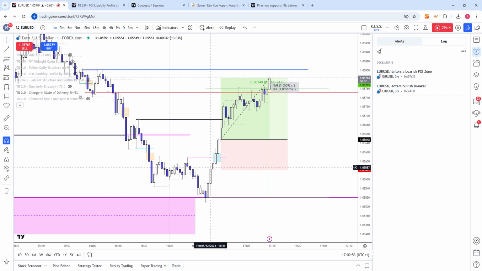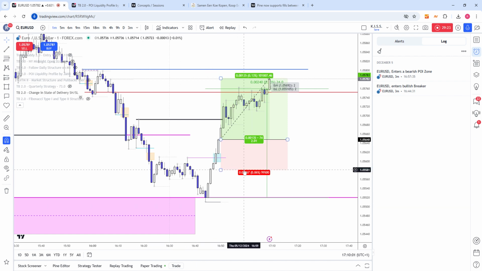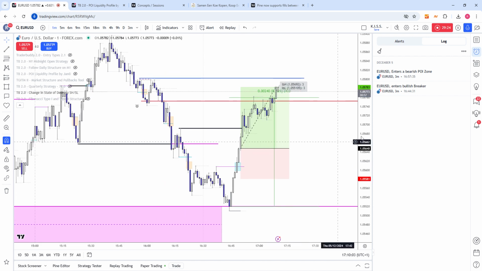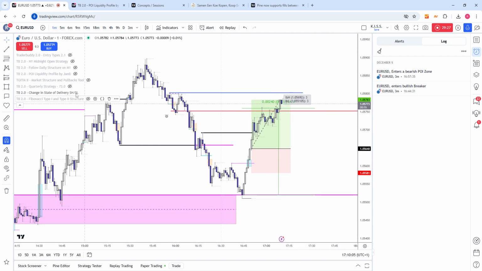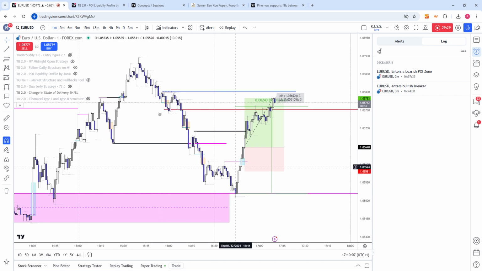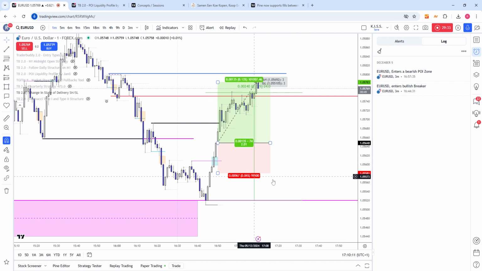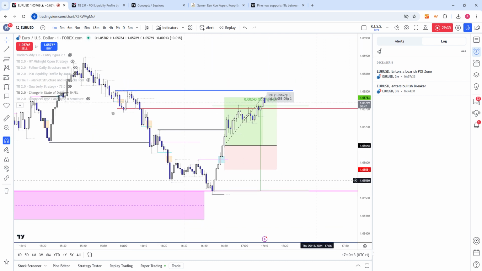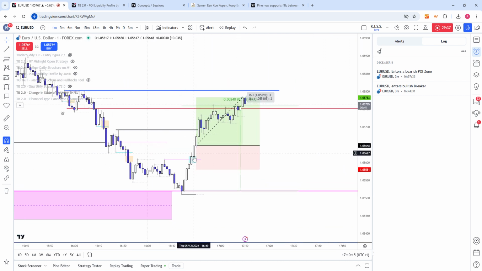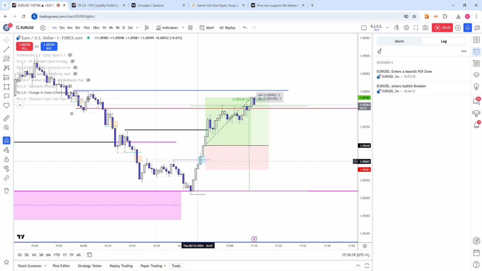Okay, this is what I said. You cannot mix everything if you do not know what you're doing. This is a totally different way of looking at structure. What I do here is, this is a change in state of delivery. And if I do that with a fair value gap, then we only know the confirmed fair value gap once this candle closes.